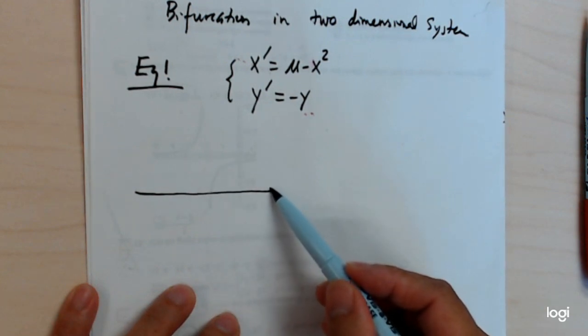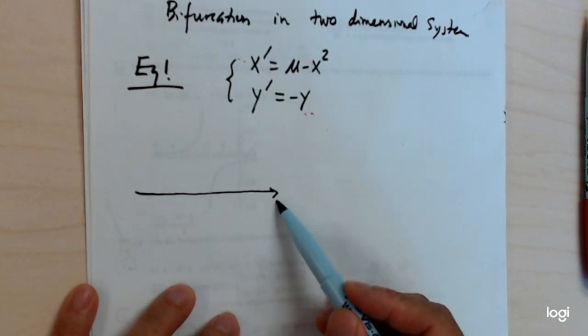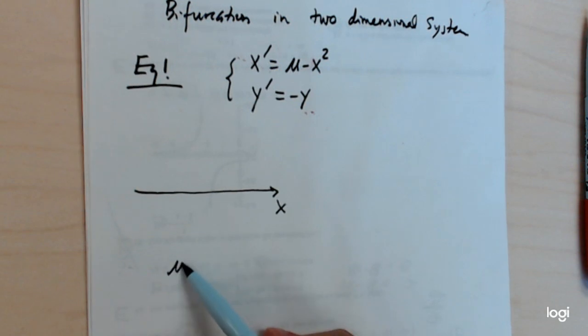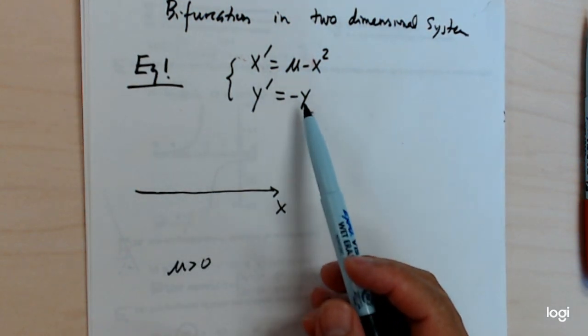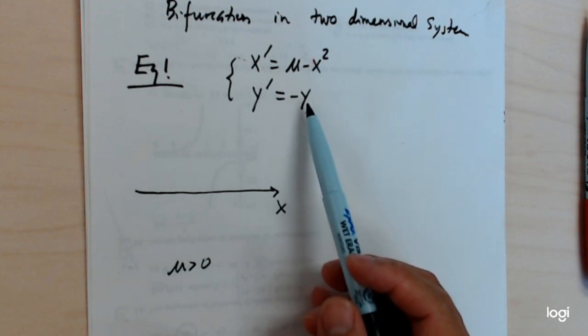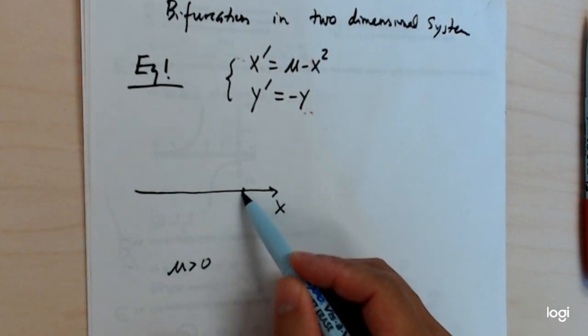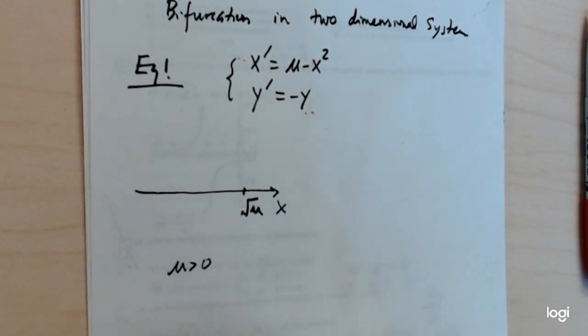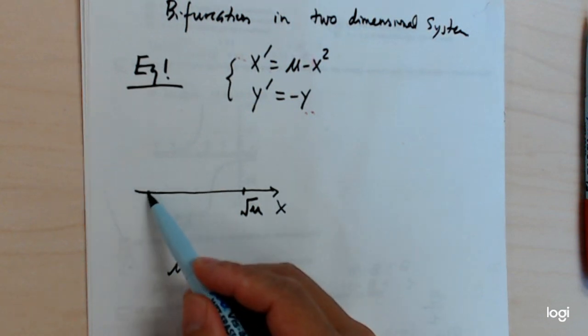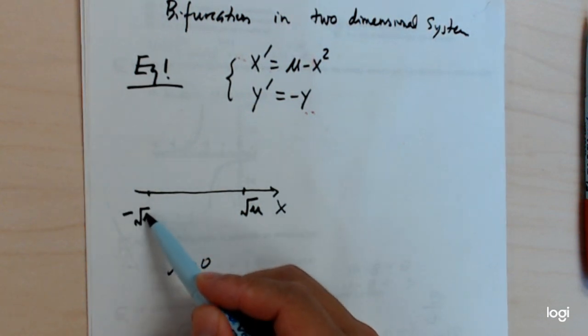We have the x-axis. When mu is positive, the y value for the equilibrium is always 0. When mu is positive, we have positive square root of mu, and we have negative square root of mu.